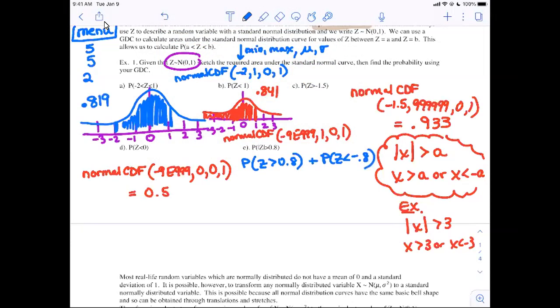Do you understand that because of the symmetry, couldn't I just find one of them and double it? Instead of doing this work twice, there's symmetry. So the probability of z greater than 0.8 is actually the same as the probability of z less than negative 0.8. So just do one and then double it.